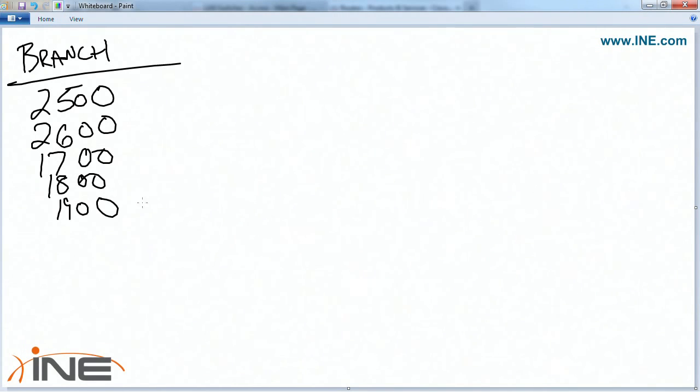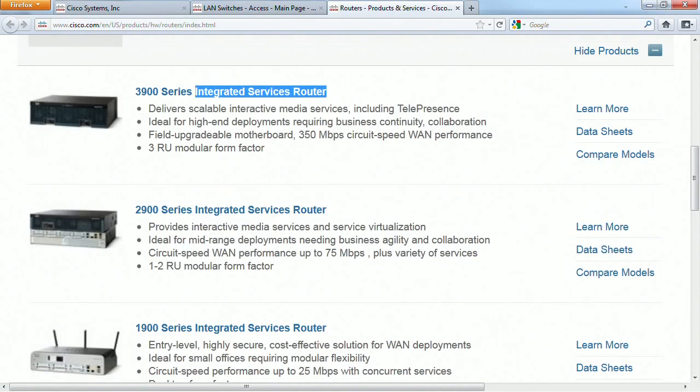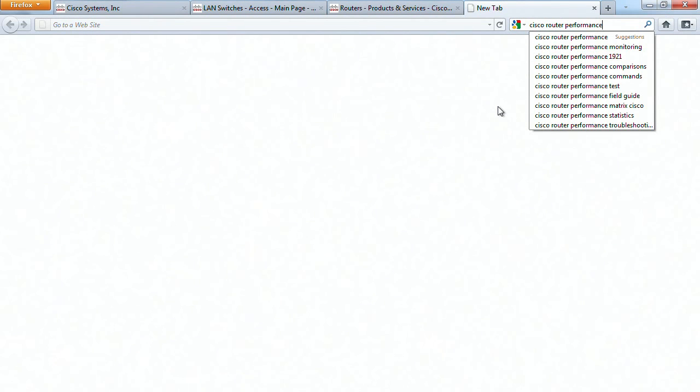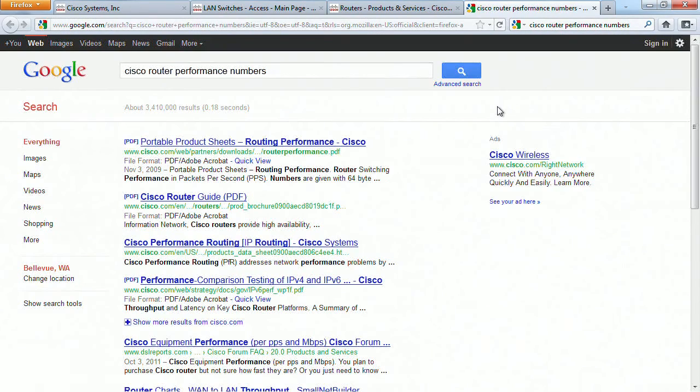A lot of the naming conventions can get kind of confusing, how they use these numbers and how they relate to each other. But there's a really good document, and for whatever reason they don't publish this anymore, that talks about the Cisco router performance numbers.